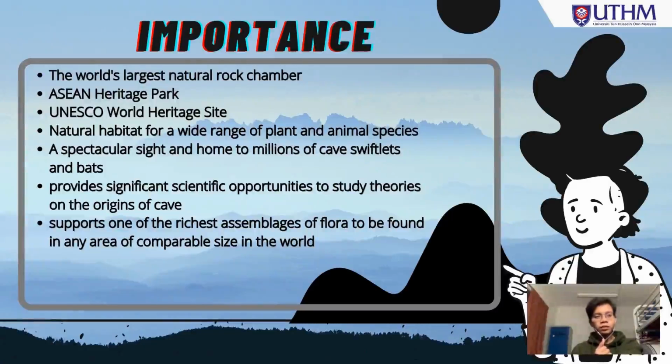It is a spectacular site, home to millions of cave swiftlets and bats. It also provides significant scientific opportunities to study theories of the origin of caves, and supports one of the richest assemblages of flora to be found in any area of comparable size in the world.